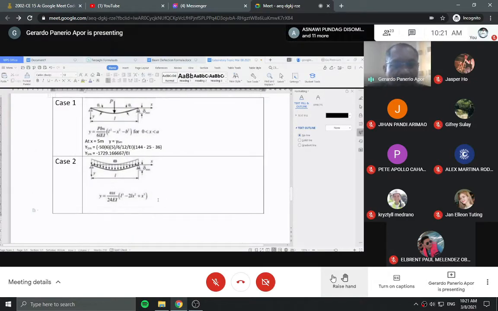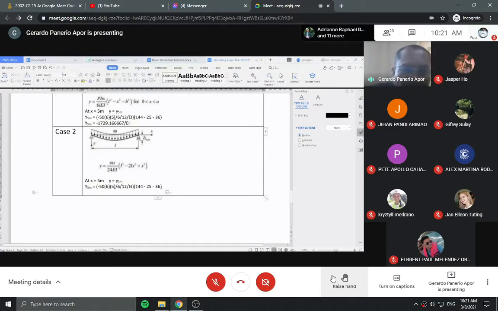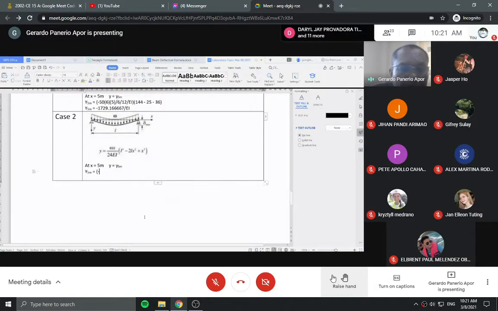So here you also say that at x equals to 5 meters, y equals to y5. And then the formula, you use this formula, no? So W is negative, I think, that's downward. So I will use negative 10. Okay.